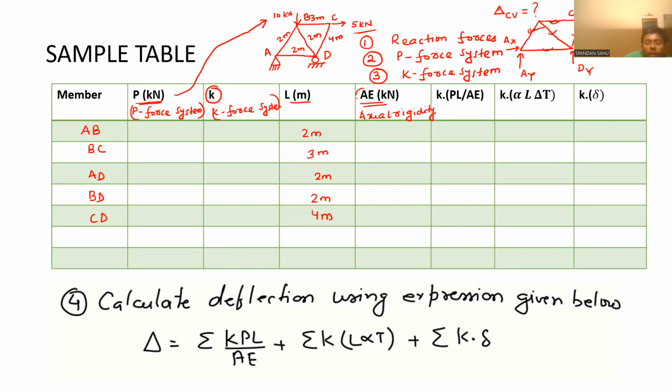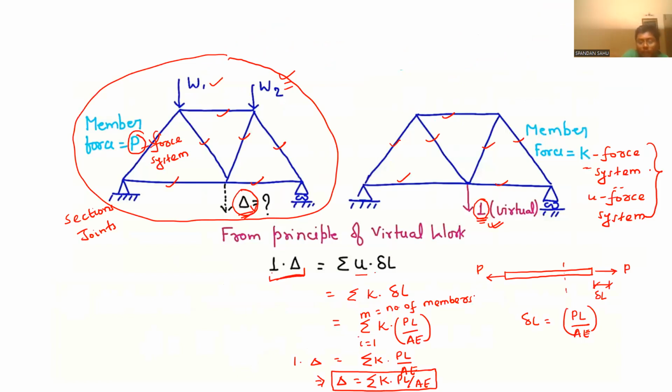Here, A is the area of the member, that is cross-sectional area, and E is the elastic modulus or modulus of elasticity. So now you know the K for each member, you know the L, you know AE for each member. So this PL by AE is coming from here.